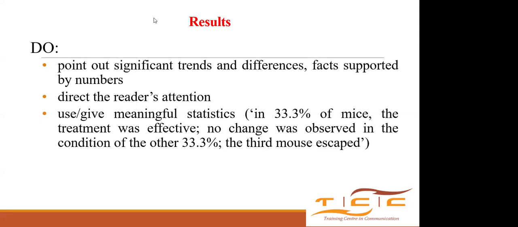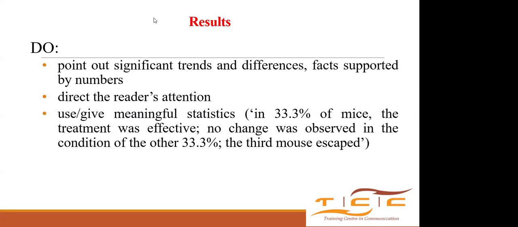Now, you need to give meaningful statistics. The example here is: in 33.3% of the mice, the treatment was effective. No change was observed in the condition of the other 33.3%, and the third mouse escaped. You might think you're providing statistics, but there are no statistics here. You only had 3 mice, and you gave them treatment.